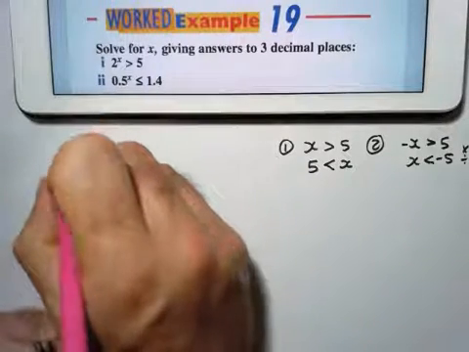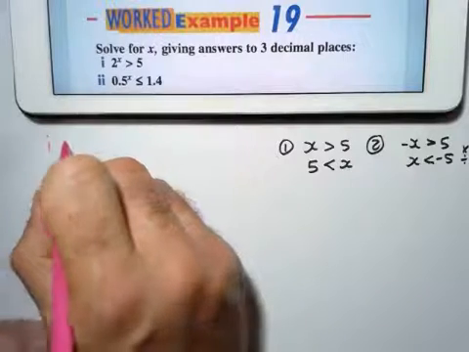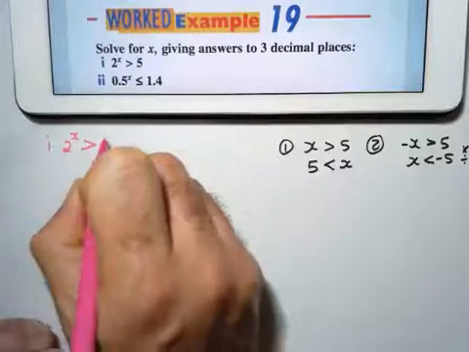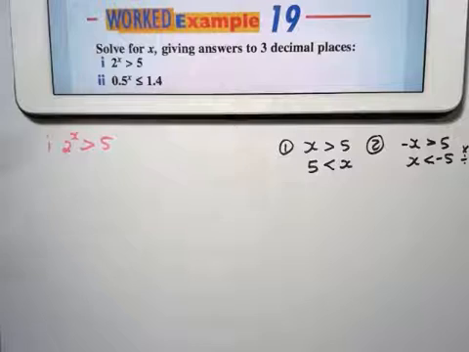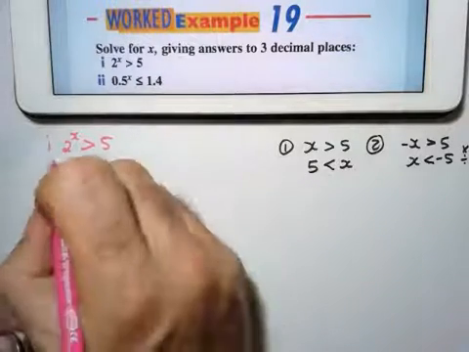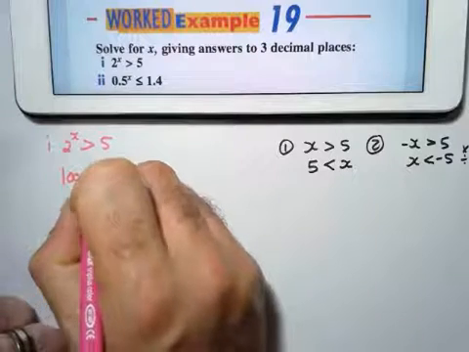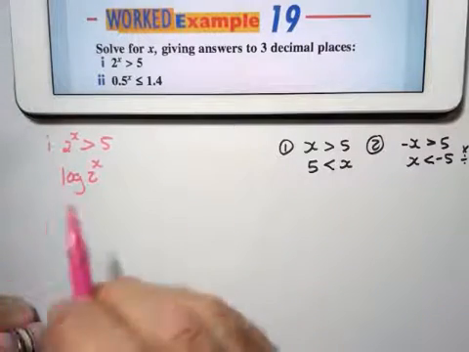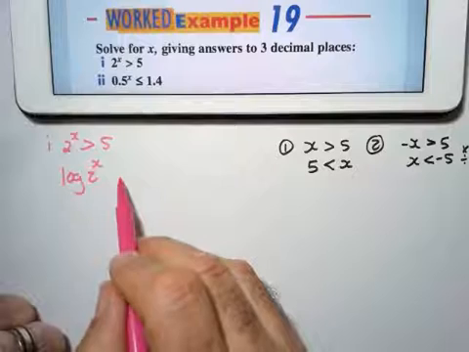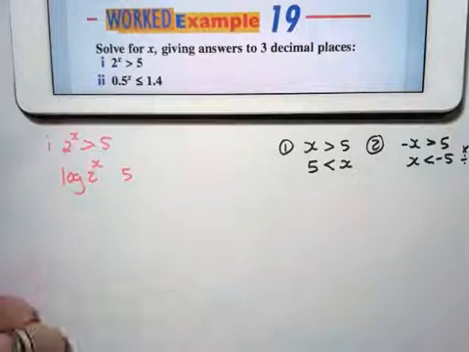For the first one, 2 to the power x greater than 5, I'm just going to do it like a normal equal sign. I'm going to take log of both sides, log 2 to the power x, and the hint now is not to use the sign. I'll show you in the second example why.